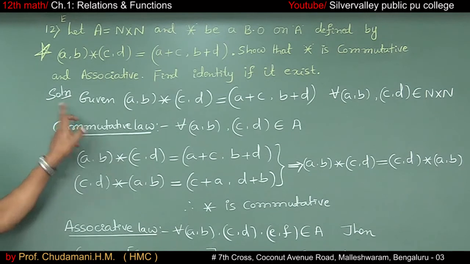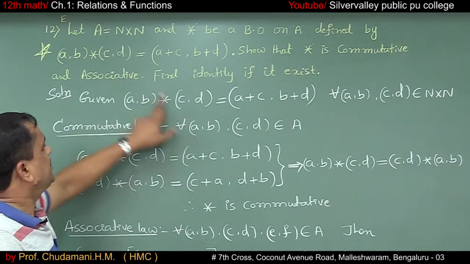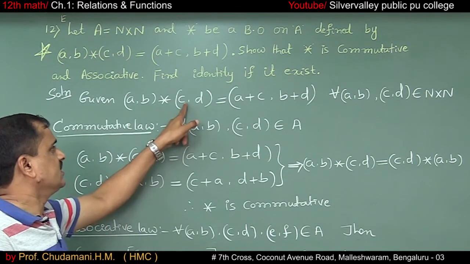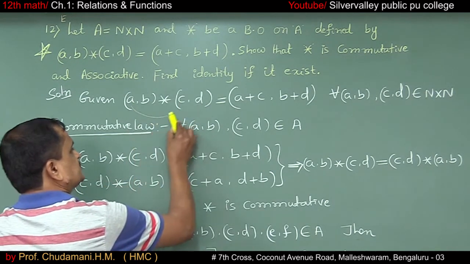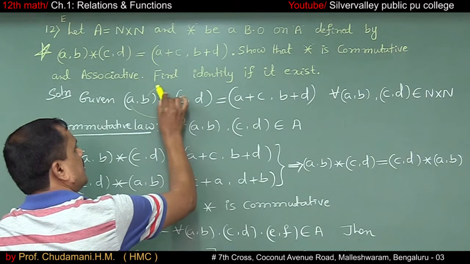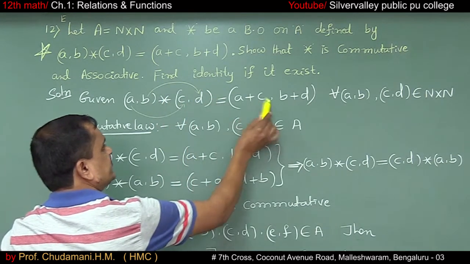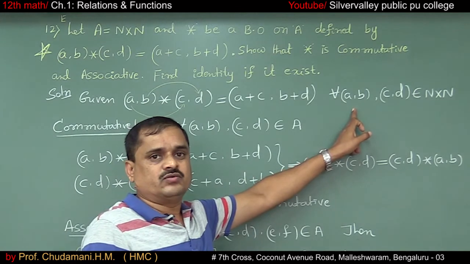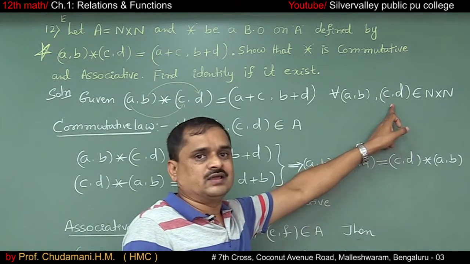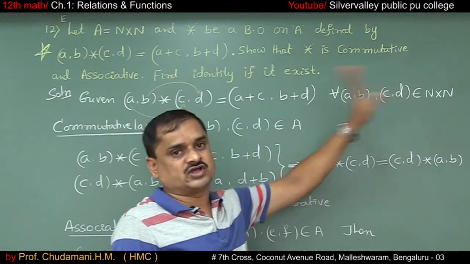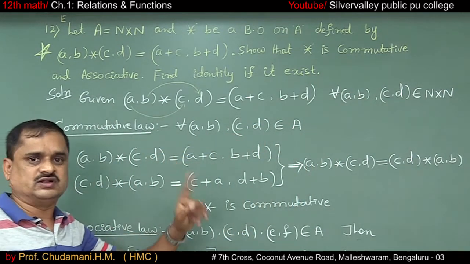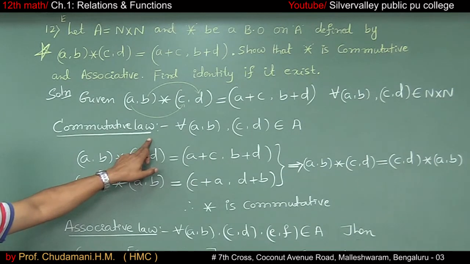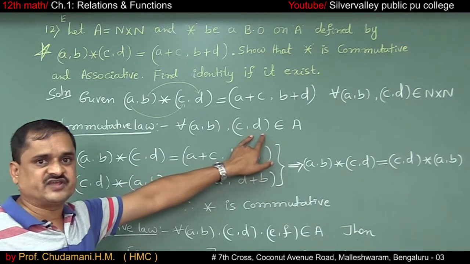Solution. Given (a, b) star (c, d) means (a plus c, b plus d). This is how they have defined. For all (a, b), (c, d) elements of the cross product, belongs to N cross N, nothing but belongs to A. Let us verify the commutative law. This is one element, this is another element.